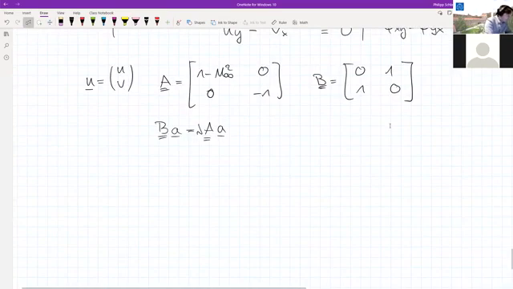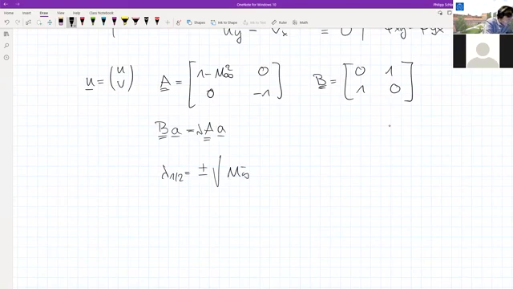Now, to make it a little bit simpler, I directly write down the solution for the eigenvalues and eigenvectors. Of course, you can redo this calculation. What I get is the following.